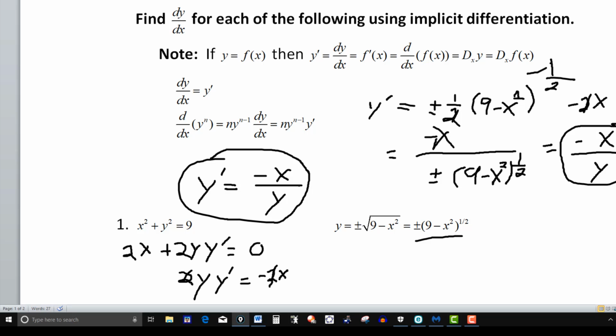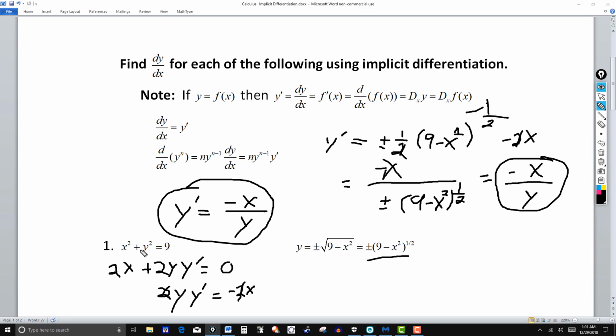When you first do it, you're thinking, well, it doesn't look like the same answer, but just doing a little bit of substitution, it comes out the same. So this one I could have done either way. Obviously, in this case, it's easier to use implicit differentiation. You don't have to go through all of this, right?